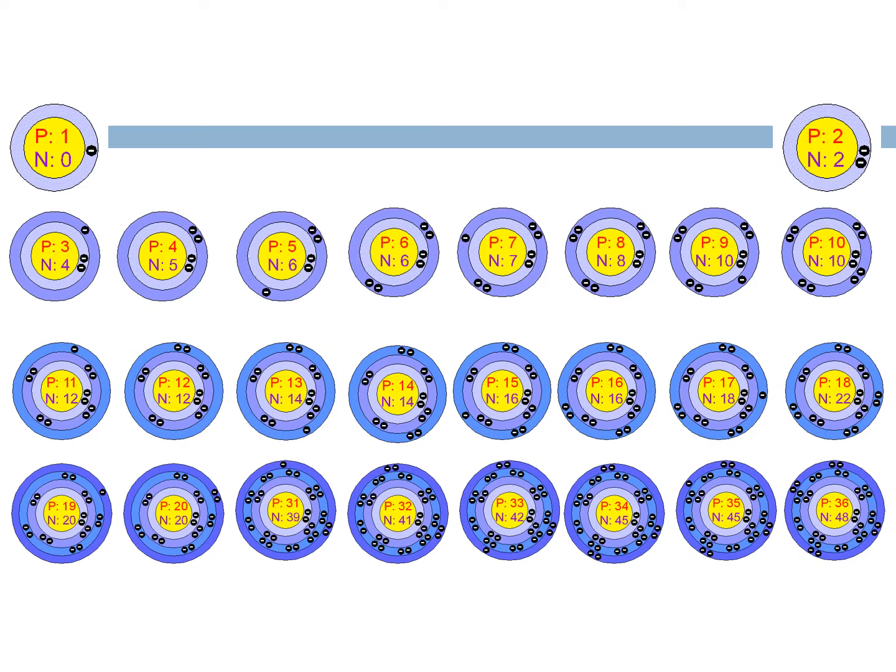Now, once you get to the transition metals, you start adding more and more electrons within the energy level, particularly the third one, because it can hold up to 18.